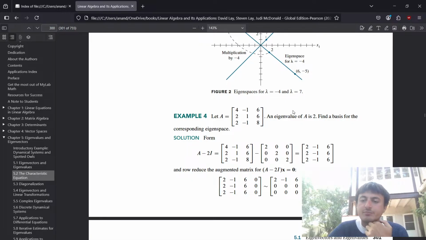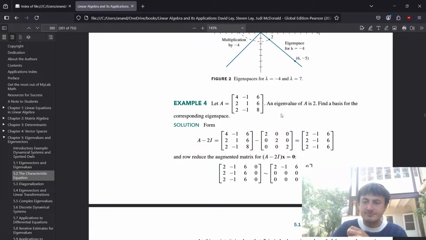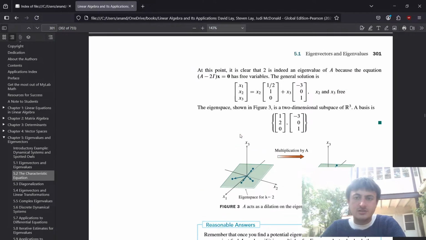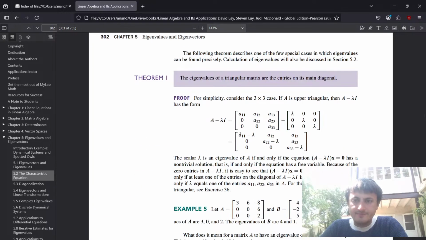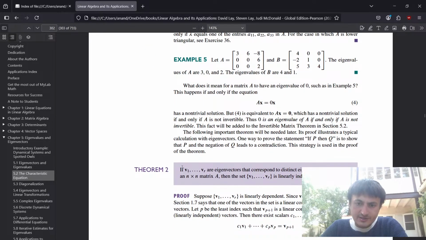No, yeah. So in 5.1 they just provided eigenvalues and they said find the eigenspace, which was simply construct that matrix and find the null space of that matrix. So that was the whole thing, right? And then they had some theorem about the triangulars. Oh, then this was an important theorem.